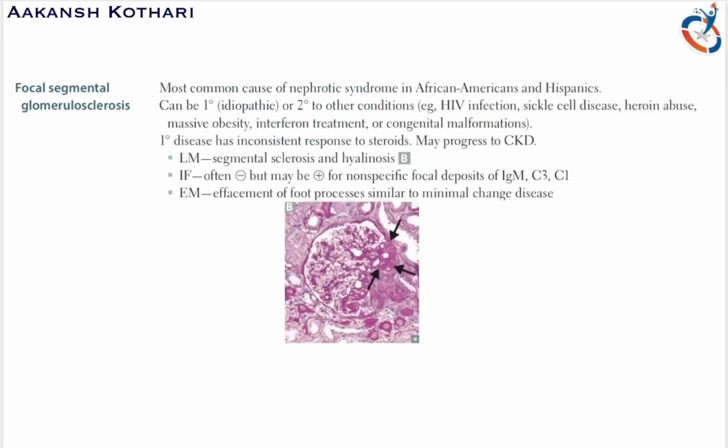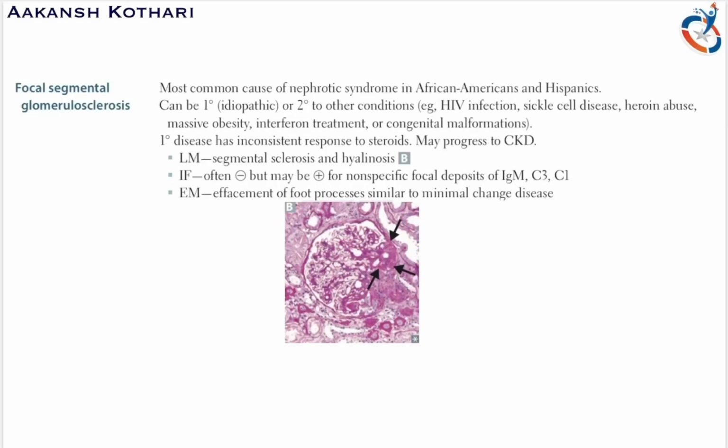Now let's talk about focal segmental glomerulosclerosis. Focal means a certain section, that is a certain amount of glomeruli. Segmental means even in the glomerulus a certain section is affected, and sclerosis means damage to the glomerulus.